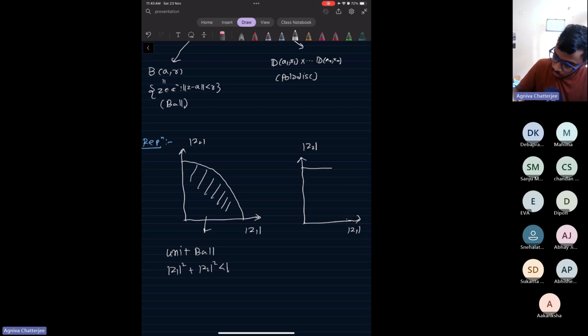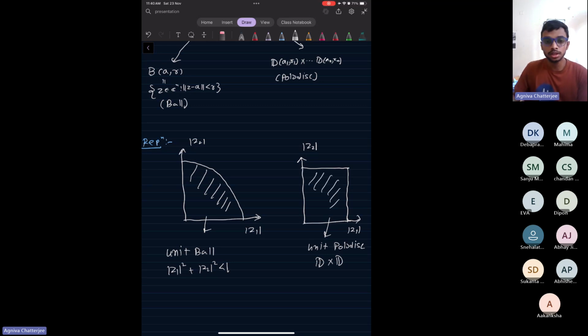This domain over here is the unit polydisk. This is nothing but the unit disk cross the unit disk, because I have just defined it in |z1|, |z2| axes. So this is the unit disk, which basically means the maximum of |z1| and |z2| is less than 1.